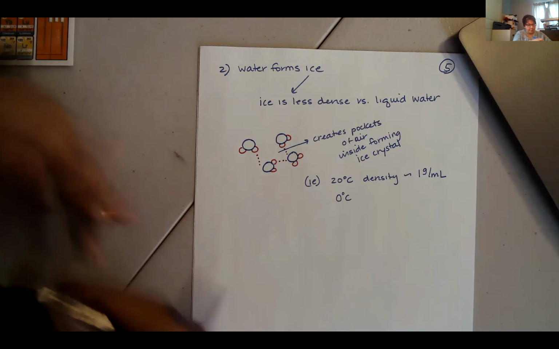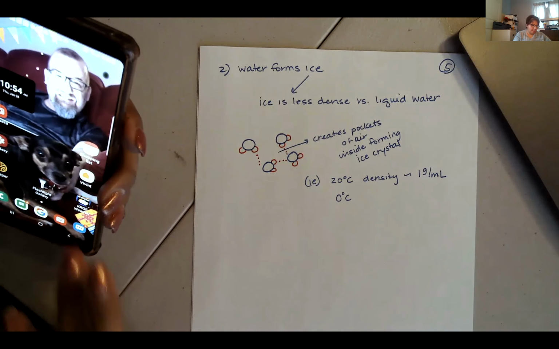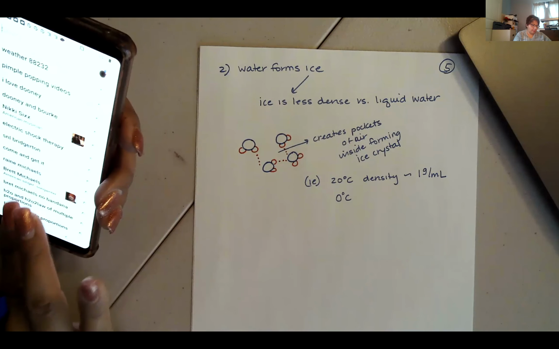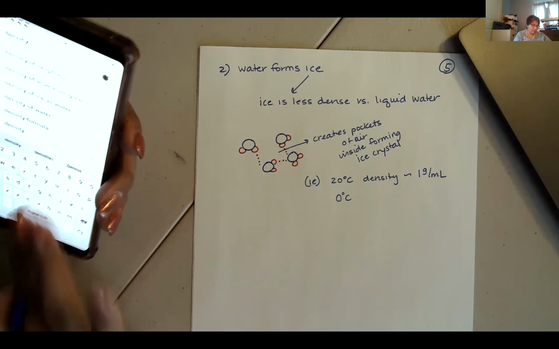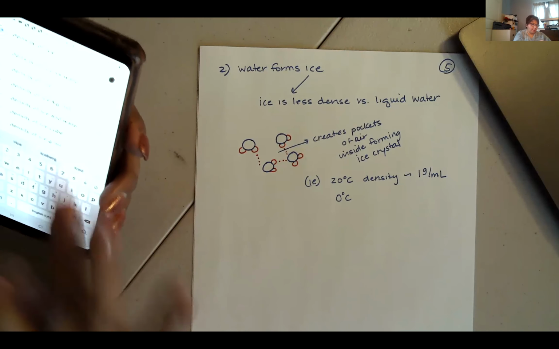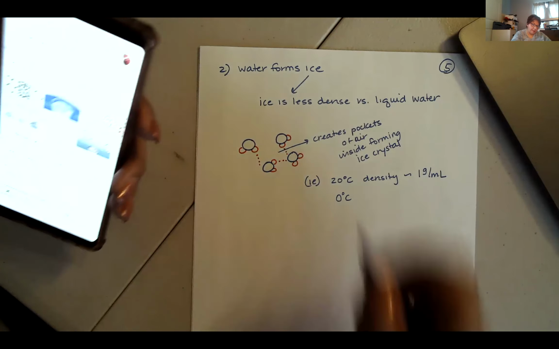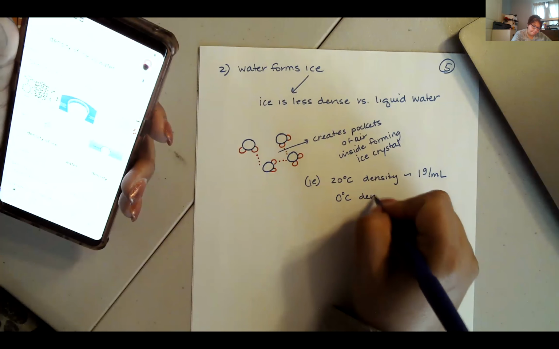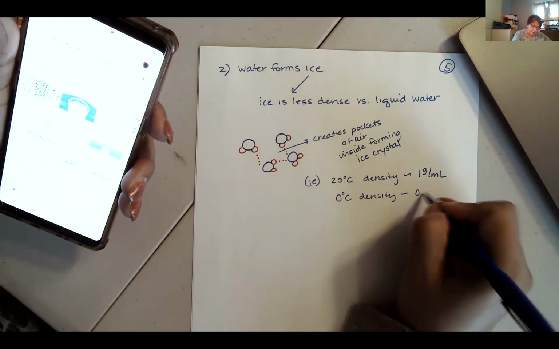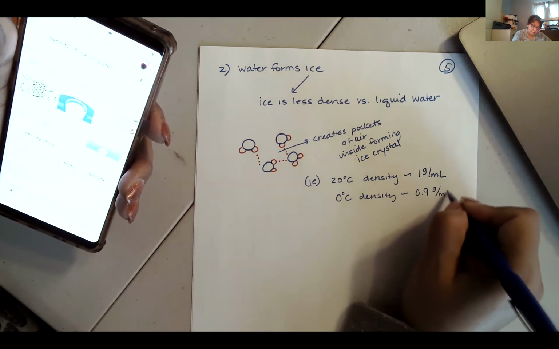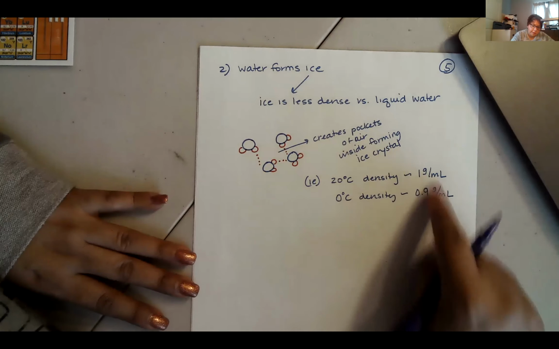I'm going to look up the number because I don't want to mislead you. The density of ice depends on the exact temperature, but it is somewhere around 0.9. So you go from 1 to 0.9.